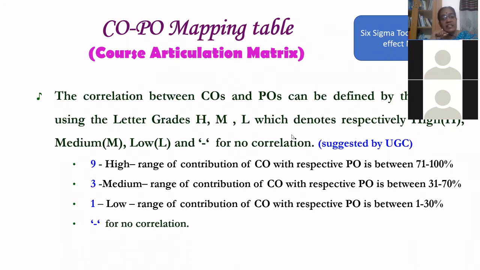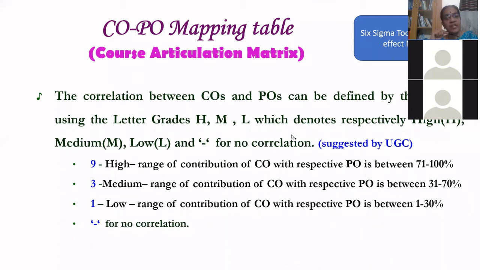And 3 for medium if the range of contribution of CO with respect to PO is between 31 to 70. And 1 for low for a range of contribution of CO with respect to PO between 1 to 30. And a dash for no correlation.